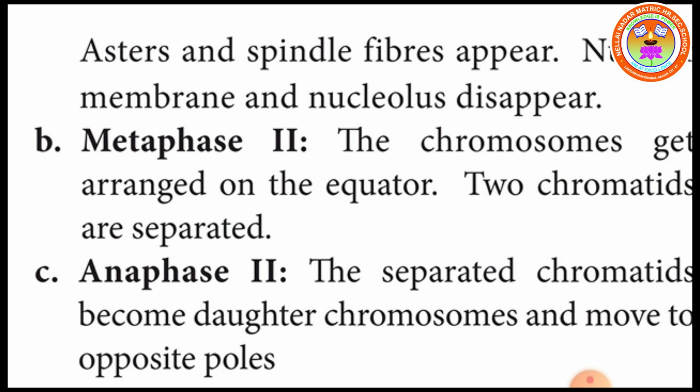Once the two chromatids are separated, metaphase is over. Then anaphase begins. In anaphase 2, the separated chromatids become daughter chromosomes and move towards the opposite poles.